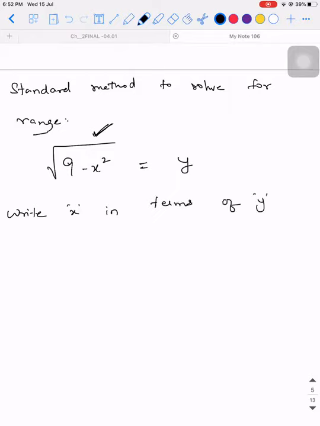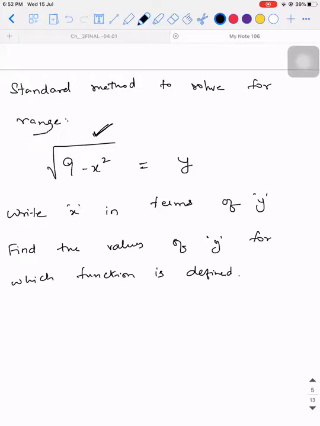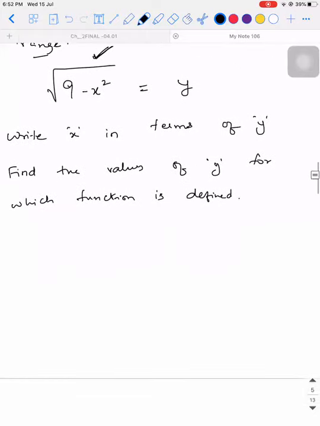y. The third step is find the values of y for which the function is defined. Okay. So root of 9 minus x square is equal to y.